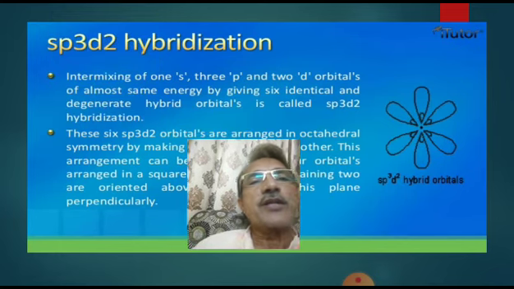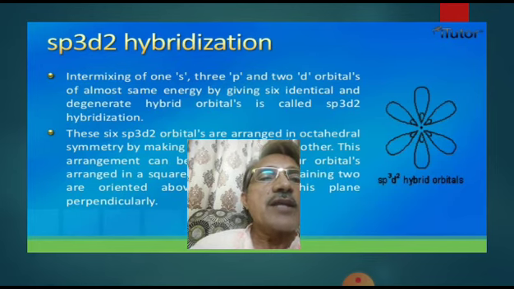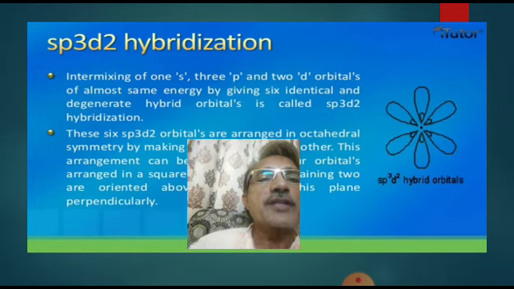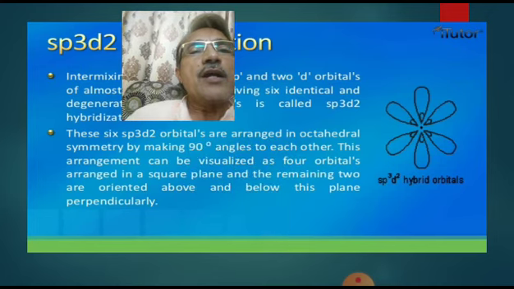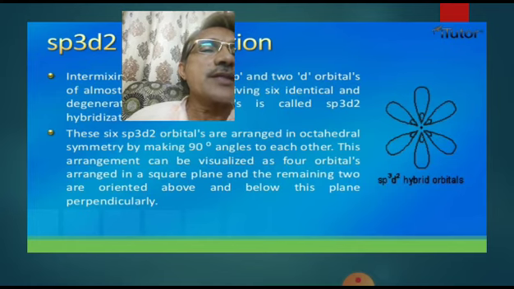sp3d2 hybridization. Intermixing of one s, 3 p and 2 d orbitals of almost the same energy, giving 6 identical and degenerate hybrid orbitals, is called sp3d2 hybridization. These 6 sp3d2 hybrid orbitals are arranged in octahedral symmetry by making 90 degree angles to each other.